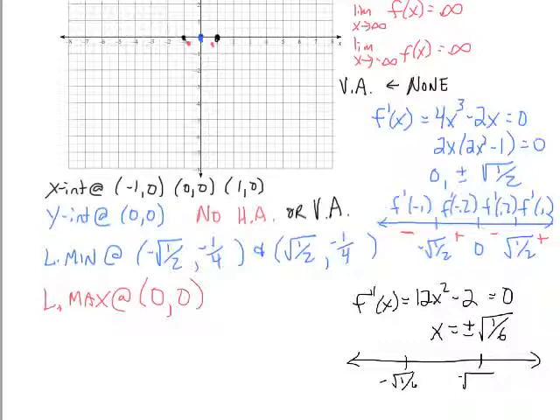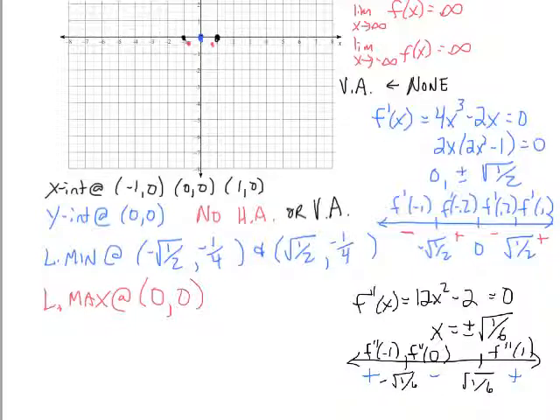Oops, that should be a positive. So we're going to test 0, so f double prime of 0, f double prime of -1, and f double prime of +1. And we find that when we test these values, f double prime of -1 is positive, f double prime of 0 is negative, and f double prime of 1 is positive.